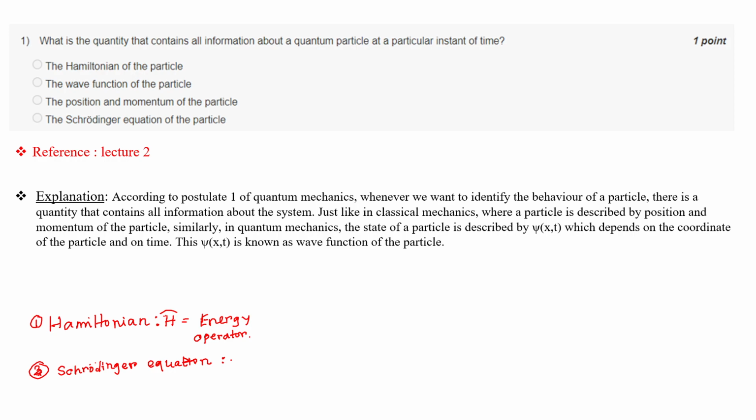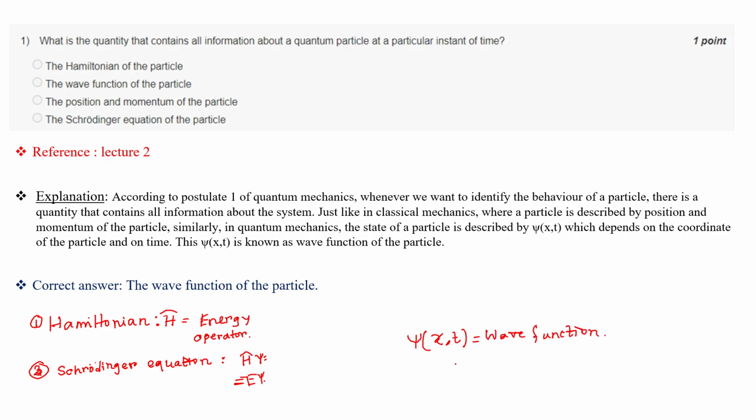Yes. So psi is not real. Psi of x comma t is nothing but a complex function.